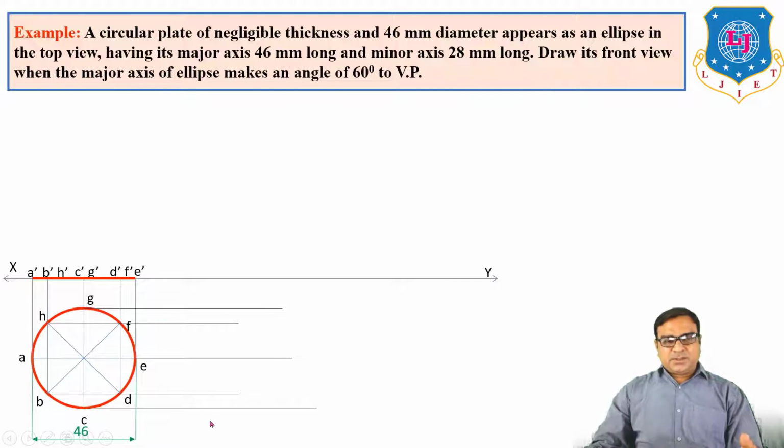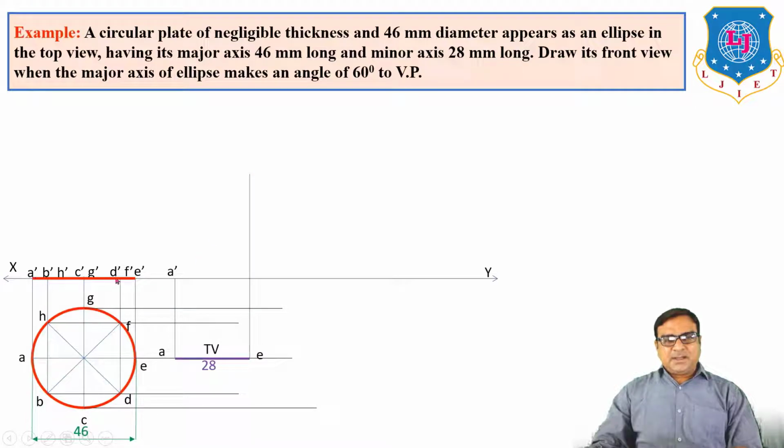Now draw the projection from the top view. On the horizontal line, we have to take one line AE which is 28 mm long. Now draw the vertical from A and E. Front view A dash. What will be the front view of E?